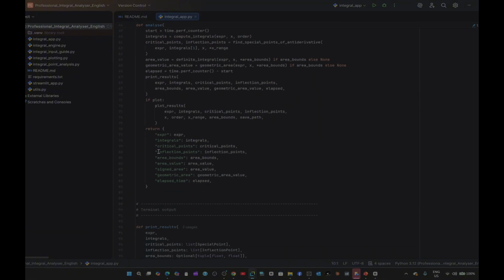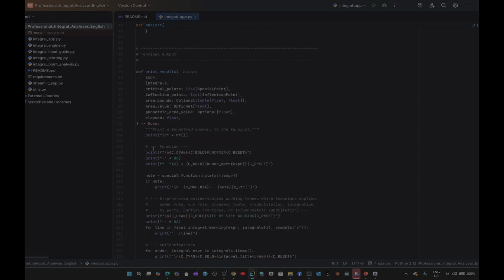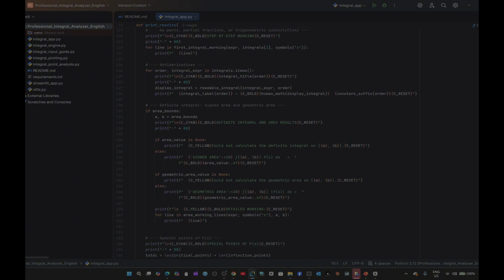Here is the function to print the result. So they imported all the functions for you, and then the result uses all these if and else loops to work. You see that's quite long, very long.